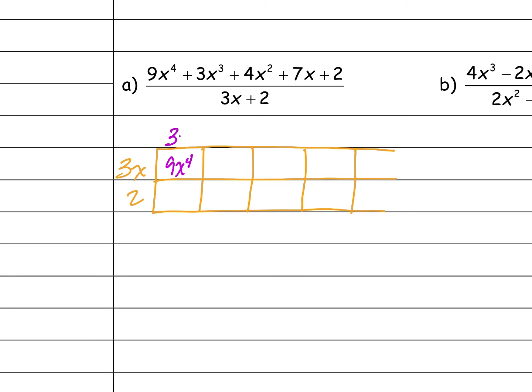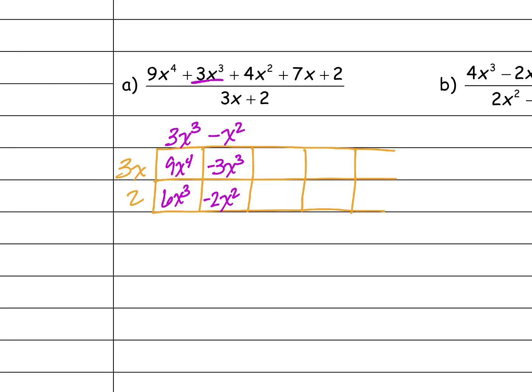I think that's 3x cubed. Yeah. So 3x cubed times 2 is 6x cubed. What do I add to 6x cubed to get 3x cubed? I think that's negative 3x cubed. So I think I'm going to be multiplying by negative x squared. Gives me negative x squared times 3x gives me negative 3x cubed.